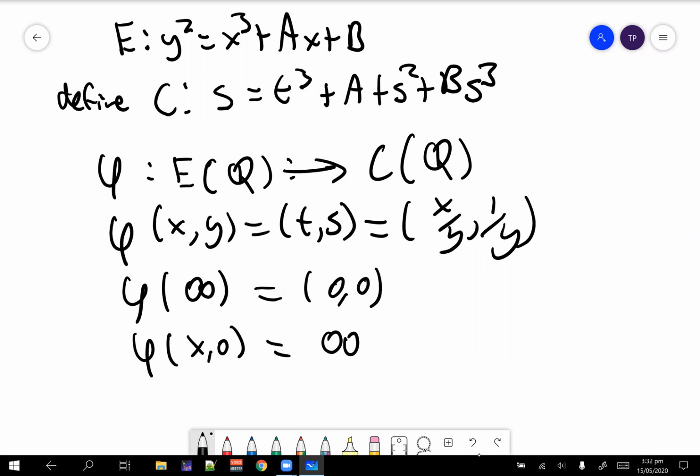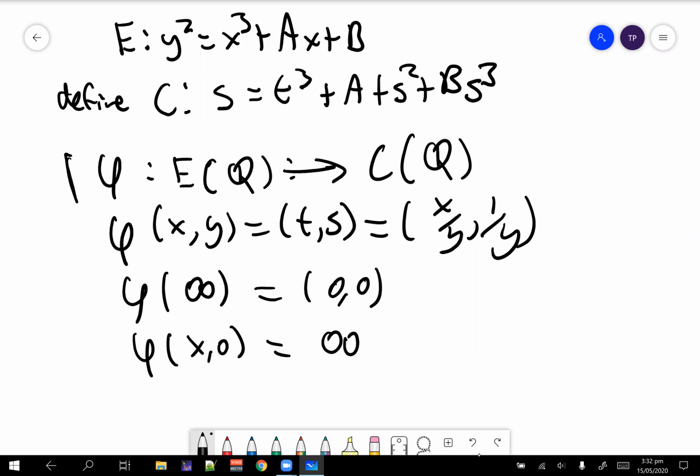Then what I claim is that this is a birational map, and the group addition is preserved before and after phi.